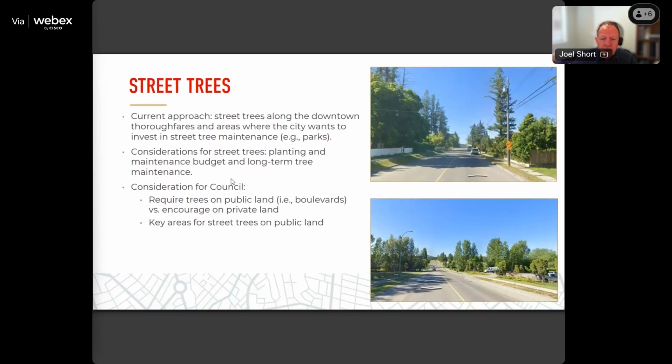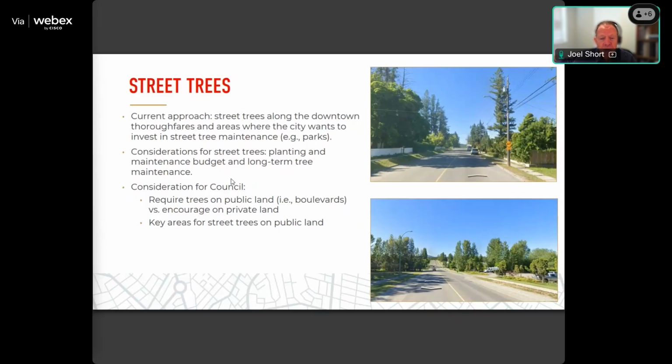Now, the current approach, as I understand it, is that street trees exist along the downtown thoroughfares and areas where the city wants to invest in street tree maintenance, like parks. Some considerations for street trees are the planting and maintenance budget and the long-term tree maintenance.